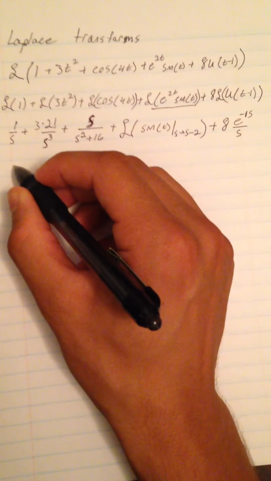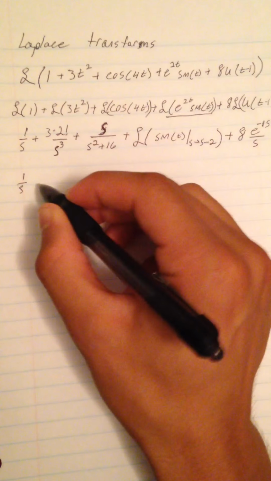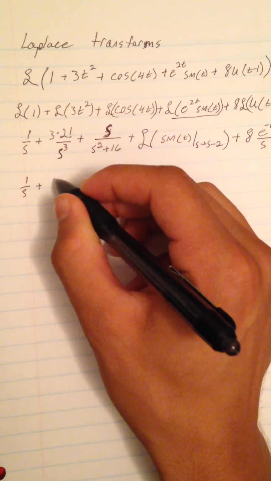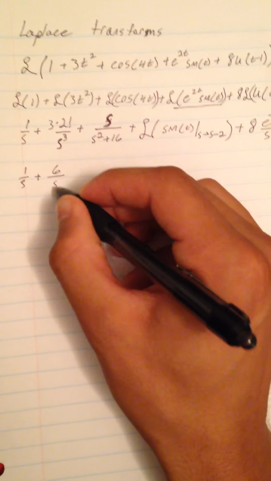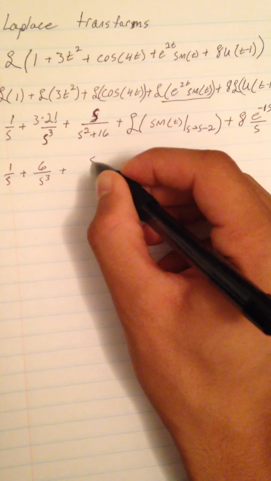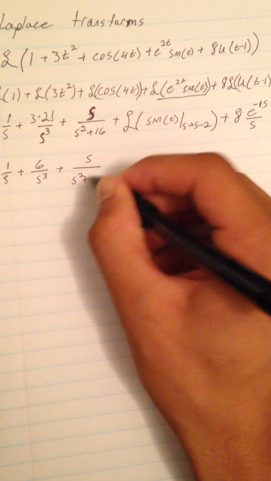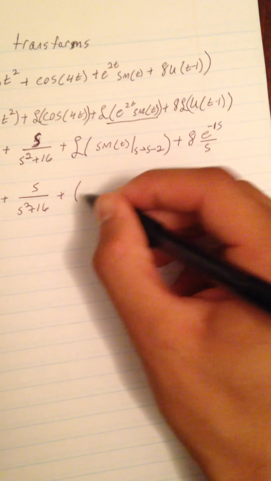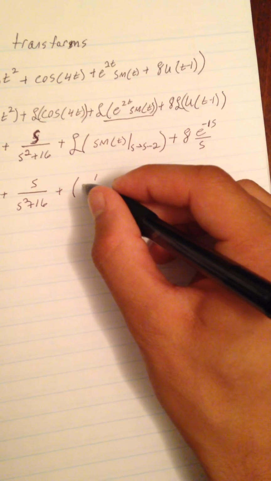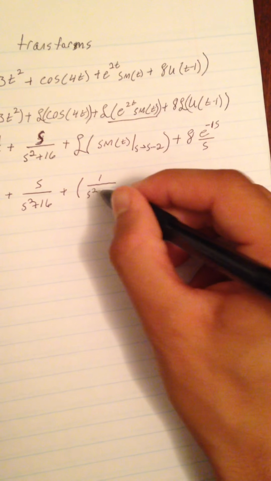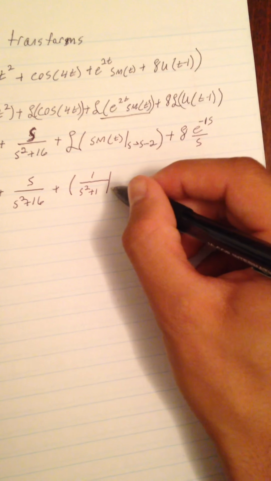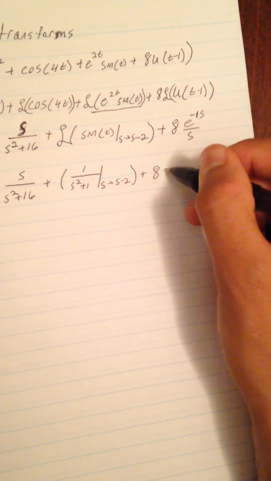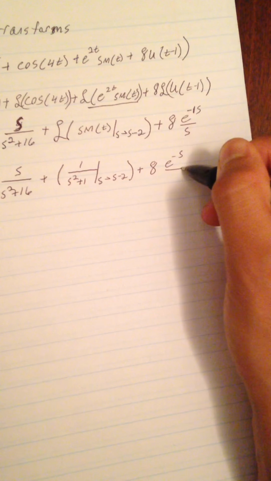So then we're just going to rewrite this one. 3 times 2 factorial. 2 factorial is just 2, so it's going to be 6 over s cubed plus s over s squared plus 16 plus, sine of t is 1 over s squared plus 1, from s to s minus 2, plus 8 e to the negative s over s.